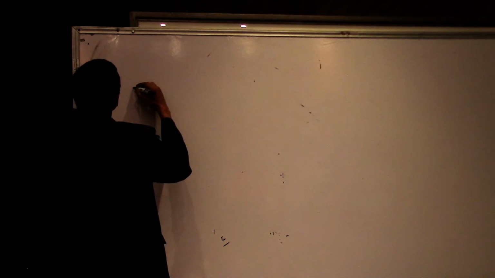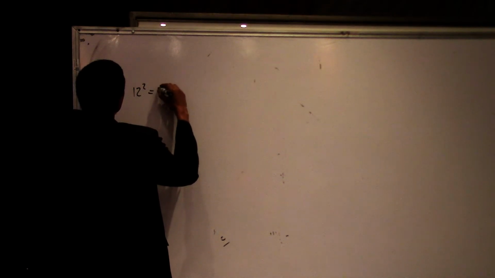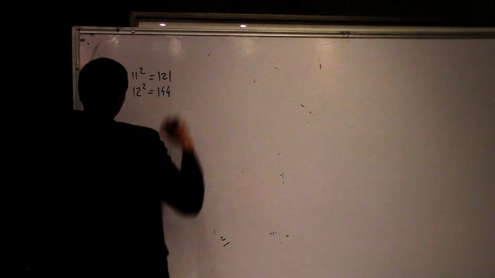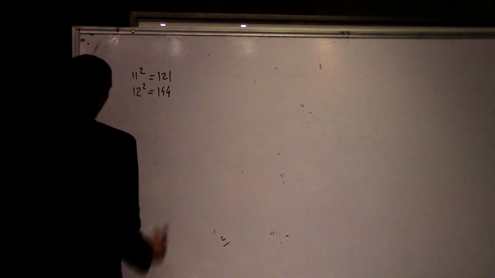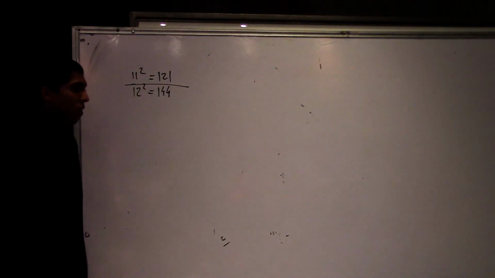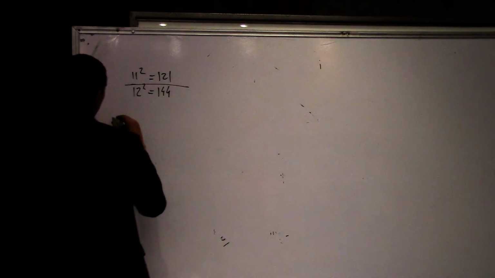How can I start this? So 12 squared is 144, okay? And then we need to go up to here to see if it's divisible by these.